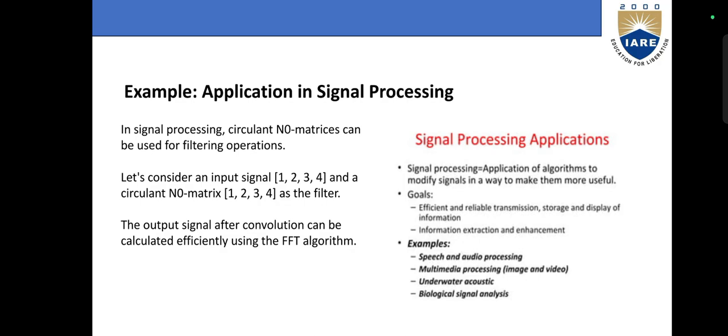Signal processing involves applications of algorithms to modify signals in a way to make them more useful. Goals: efficient and reliable transmission, storage, and display of information. Information extraction and enhancement.